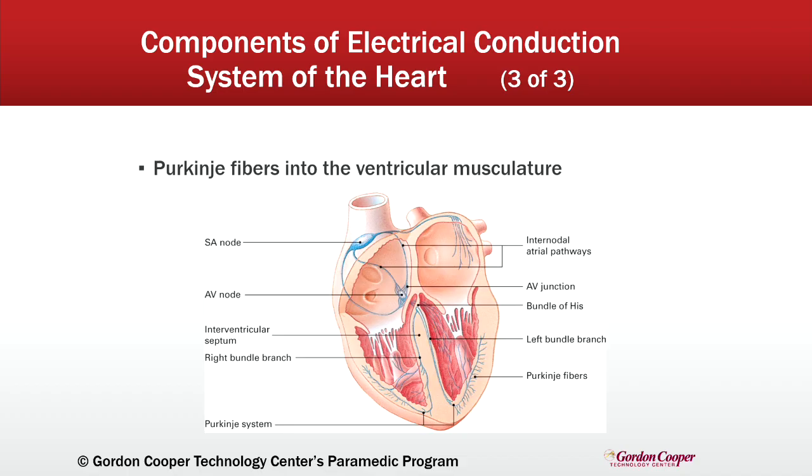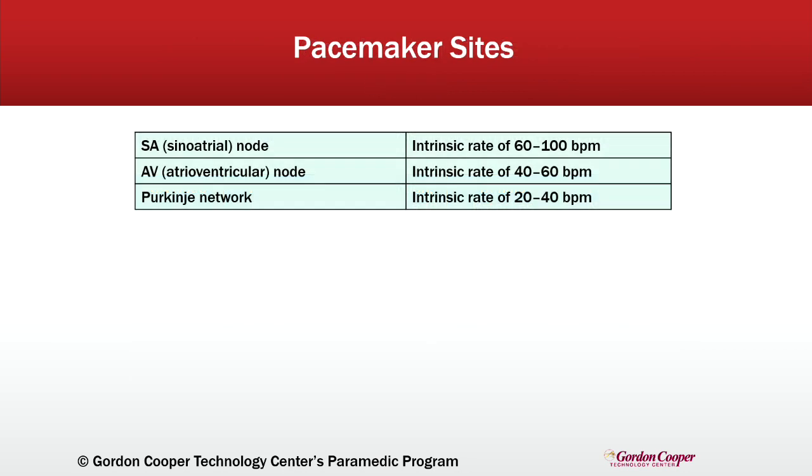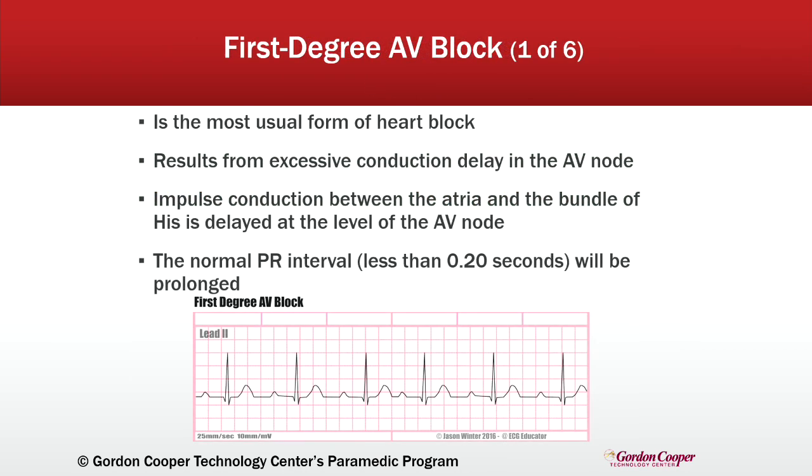So if there's any disruption in this pathway, the ventricles might not contract properly, which can lead to issues like heart blocks, where the electrical impulses don't travel as they should. Nothing new here, same thing if you've watched any of our EKG videos, you've seen this a lot. So let's talk about the first degree AV block.